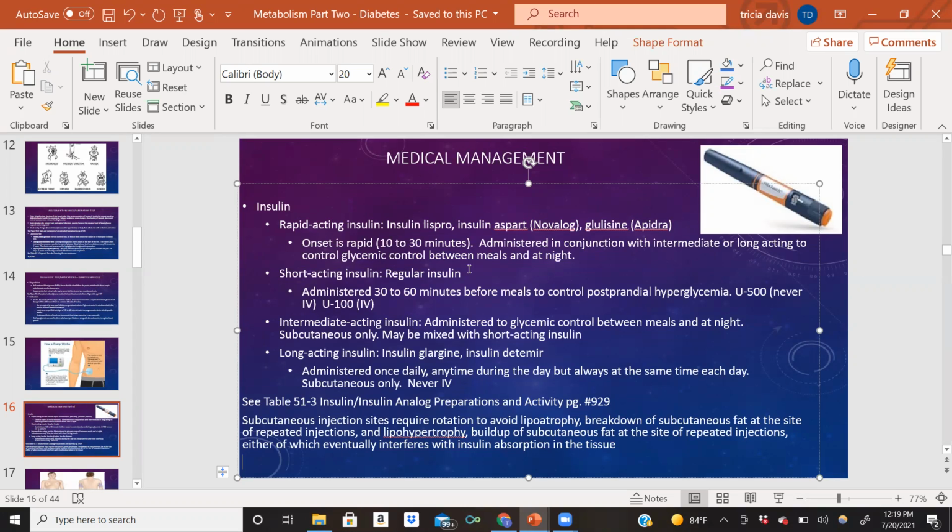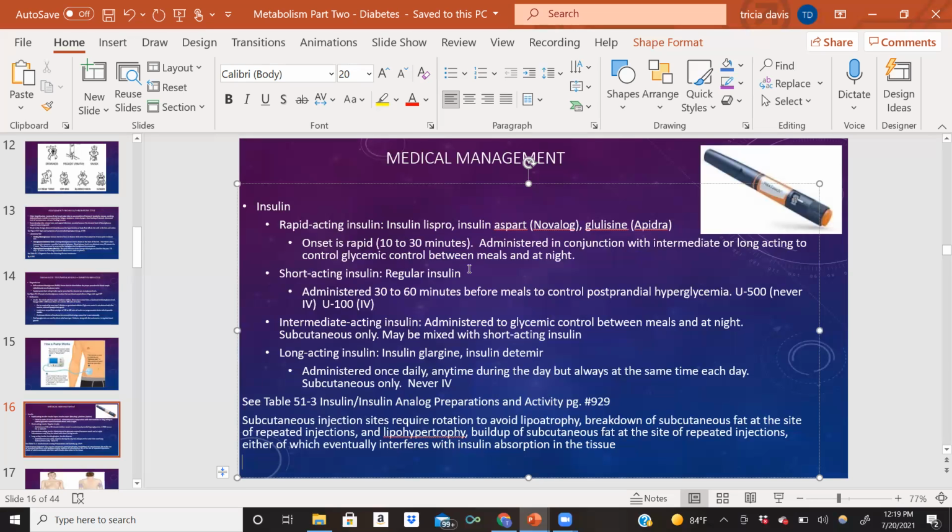I don't mean if the patient is NPO, I mean that the patient has a diet ordered, but even if they're not eating breakfast that morning, if they say, I'm just not hungry, we're still going to give the coverage if the glucose is elevated, because the insulin is ordered for the elevated blood glucose. We want to be able to control the elevated blood sugars.